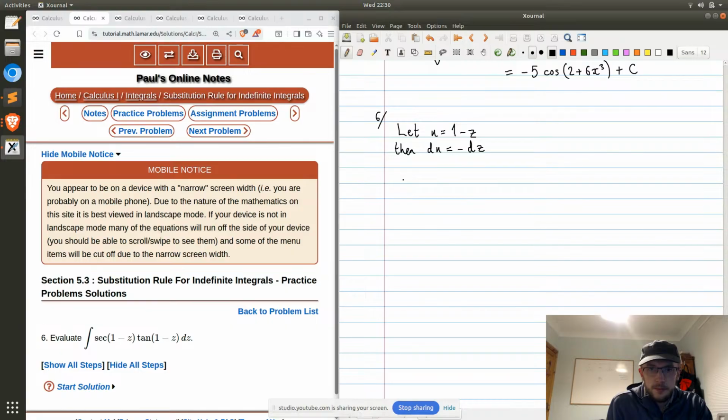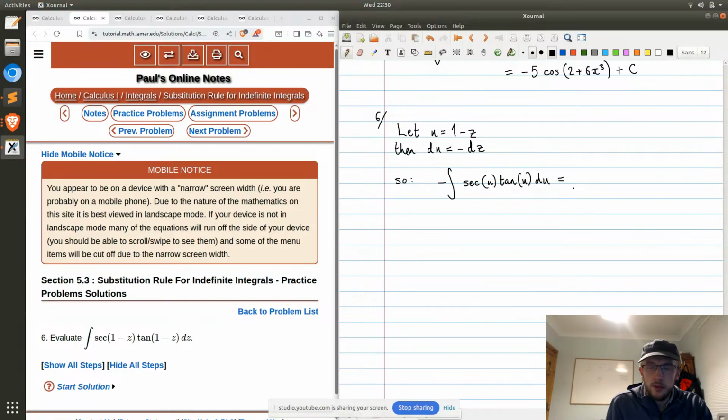Therefore, the original integral becomes the integral of secant of u times the tangent of u, and then dz gets replaced with negative du. So it'll be there like that.